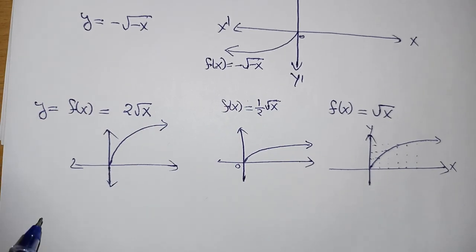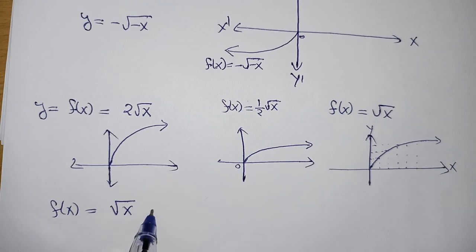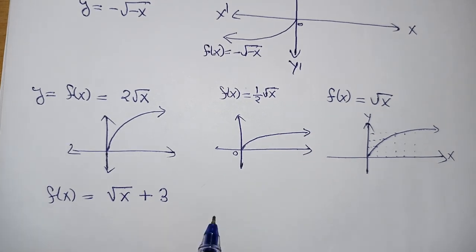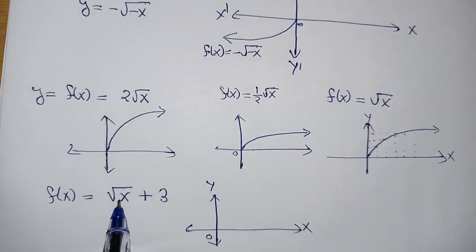And now suppose we have f of x equal square root x plus 3. So the graph of this will be, first of all you make a Cartesian plane, this is y, this is x, this is 0, and the initial graph is this square root x, and we are adding 3. So this 3 is finally adding up to y, correct? y equals square root x plus 3.